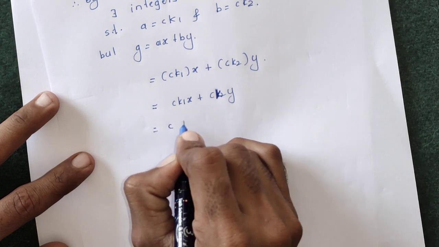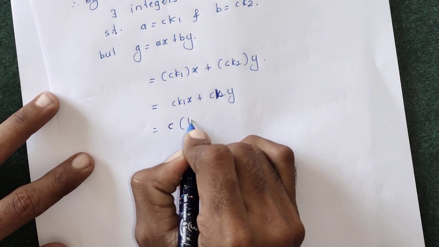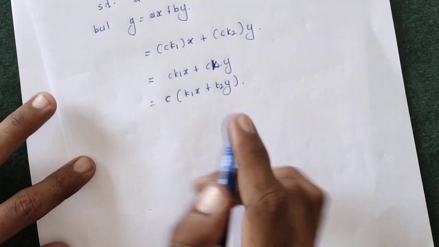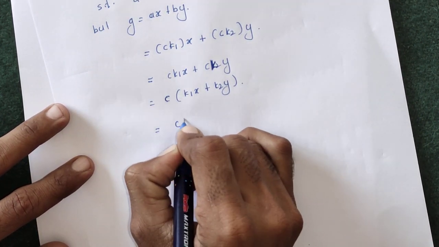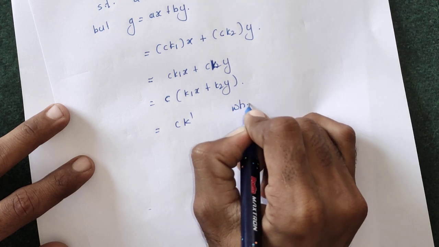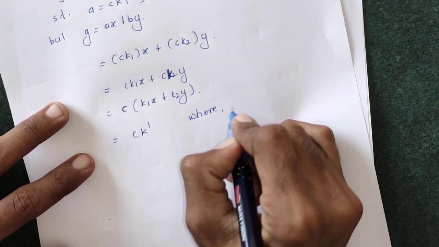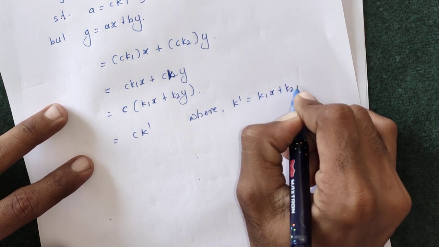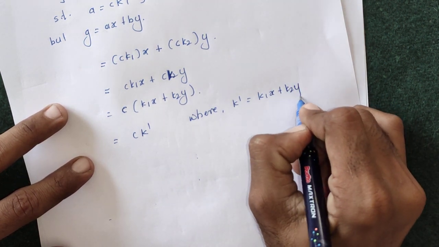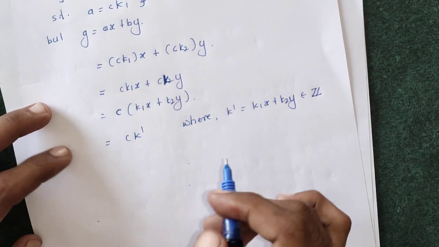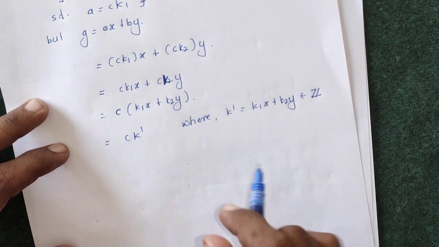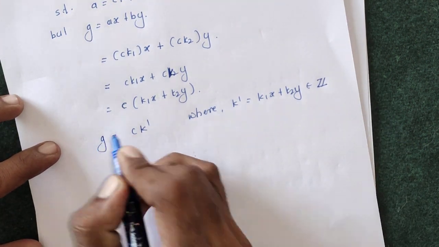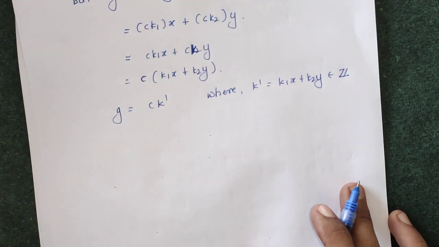Taking C common, we get C into k1x plus k2y, which is equal to C into some k prime, where k prime is equal to k1x plus k2y, and which is an integer, since k1, k2 are integers, x and y are again integers. So we get G is equal to C into some integer k prime.